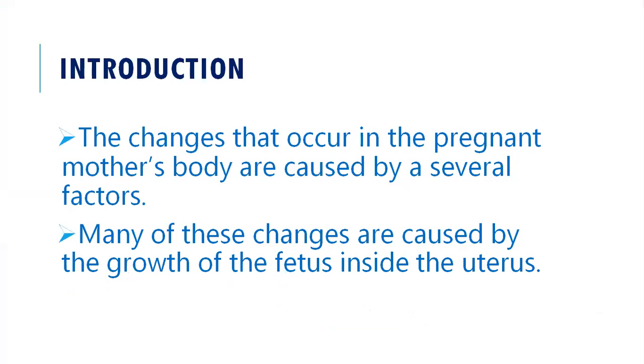So what is the meaning of physiological changes in pregnancy? That means these are some changes the mother adapts during pregnancy due to several factors. So why do these changes occur? Because of the growth of the fetus inside the uterus.